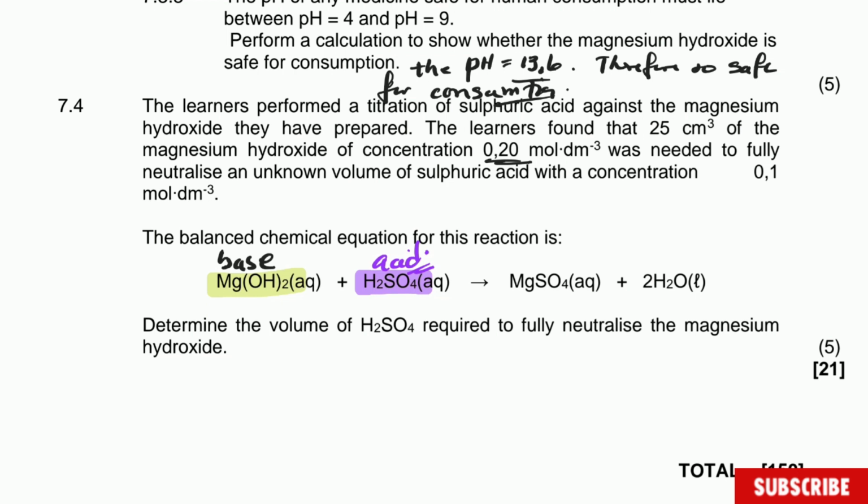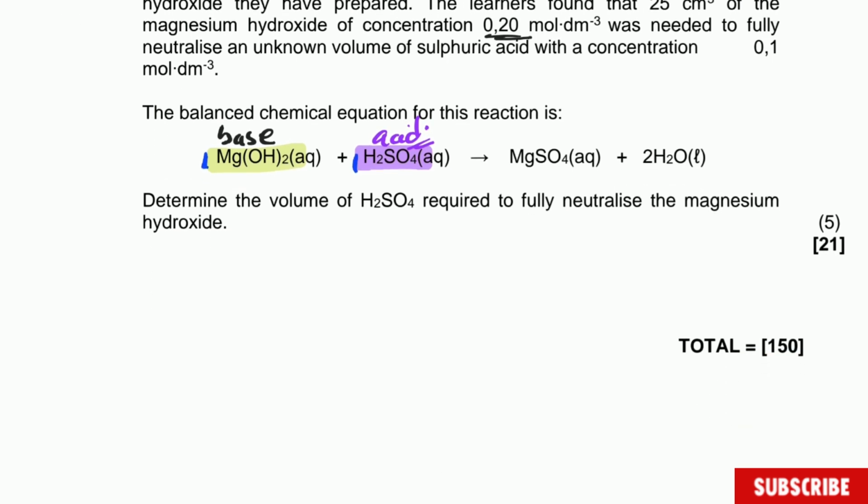Alright, that one is known, guys. So we need to know that the ratios are 1:1. We need it for titration. Determine the volume of sulfuric acid. Now, we are going to use titration. So let's see what we have. Let's write here data for this specific question. We have the concentration of the base, which is 0.2 mole per cubic decimeter.